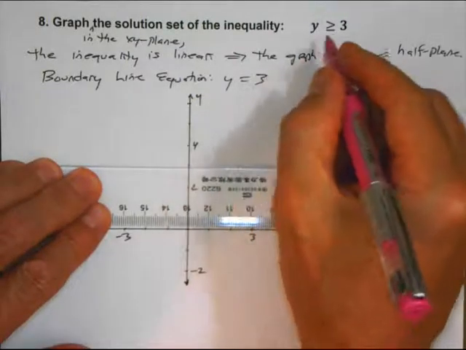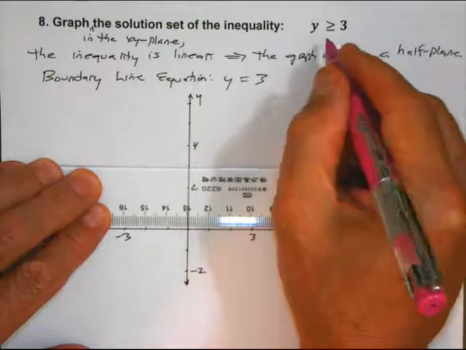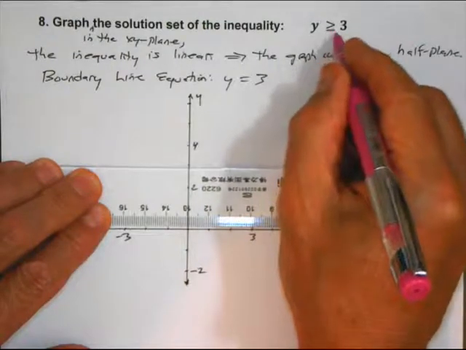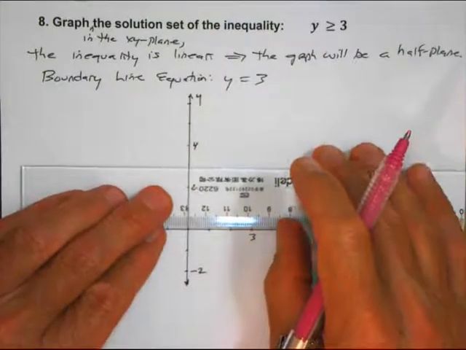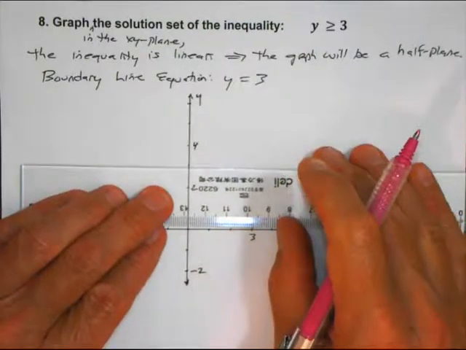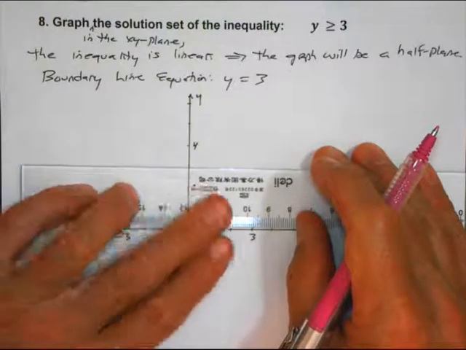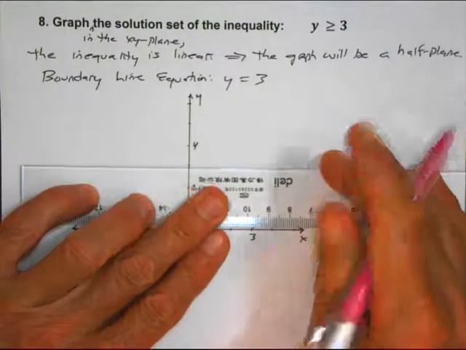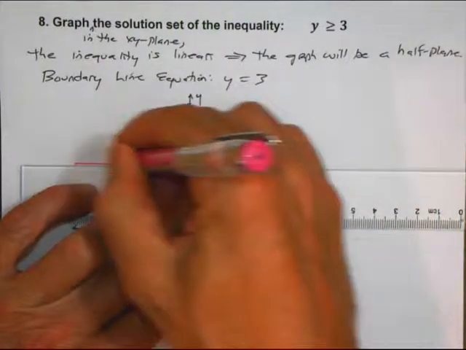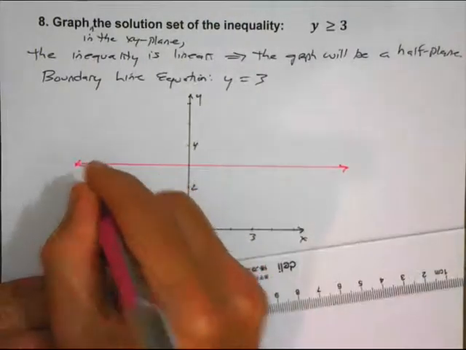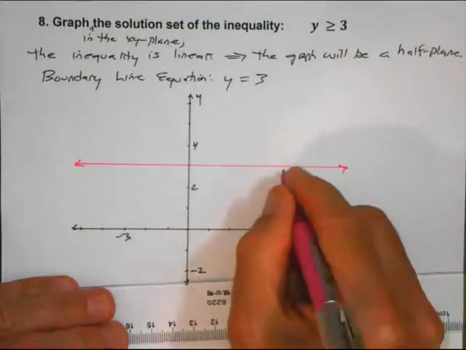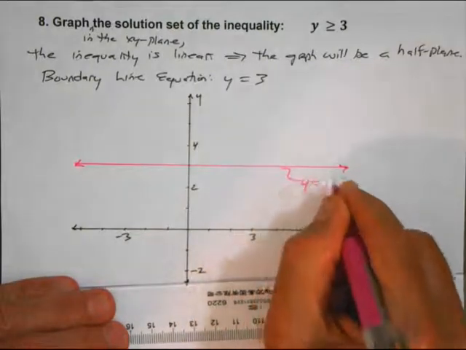The inequality that we're graphing the solutions of has greater than or equal to 3, or equal to. So this boundary line is solutions as well as being a boundary line. So it'll need to be a solid line. Can label it with its equation, y equal to 3.